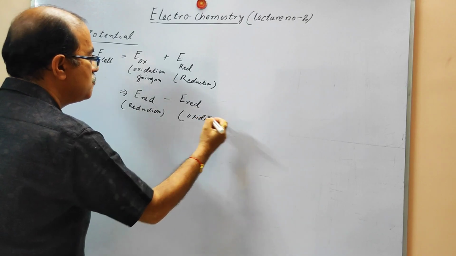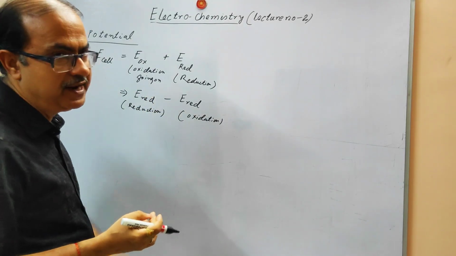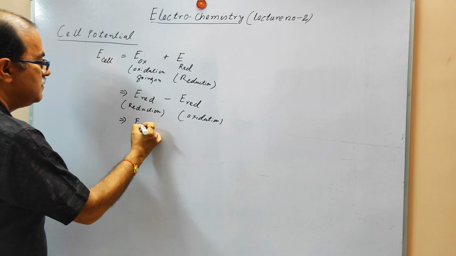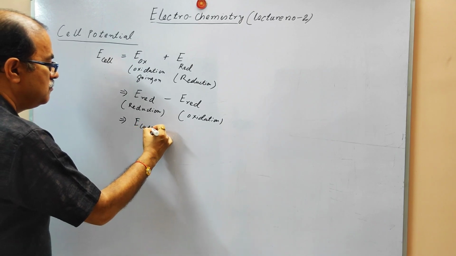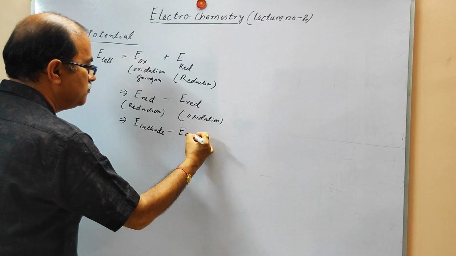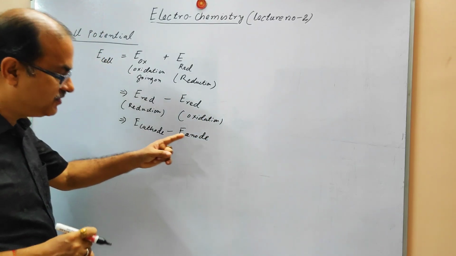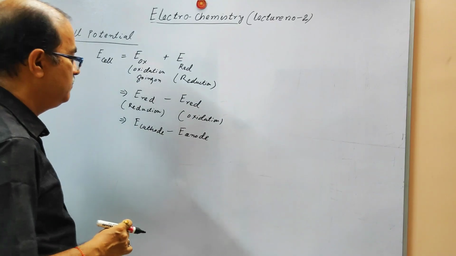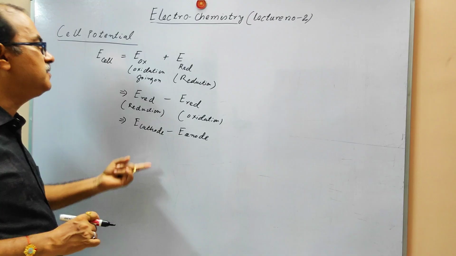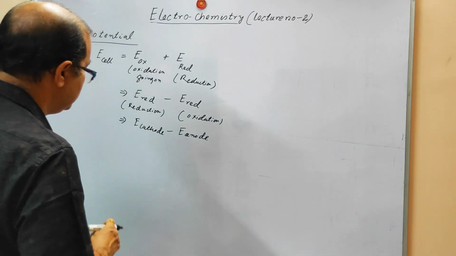But we convert this oxidation potential into the reduction potential, that is why this minus sign comes. So we can write E cathode minus E anode. In the anode, basically oxidation potential is there, but as per the convention we have to follow, we write this as reduction potential.